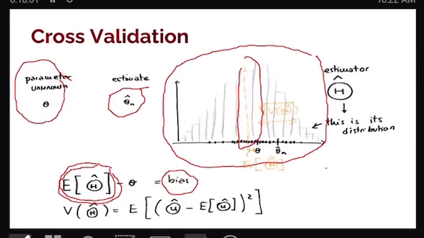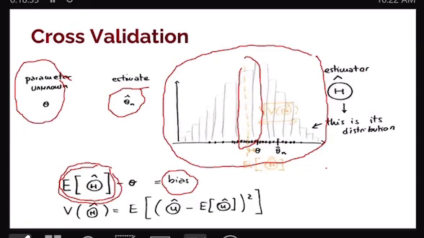The moment the expected value of an estimator is far away from the true value of the parameter, then there's a problem of high bias. And what high bias means is there is underfitting. Your model underfits. Your model oversimplifies reality. Reality is complicated, but your model oversimplifies a complicated situation. And that's an error. That's not good at all.